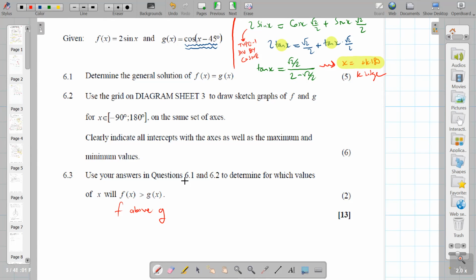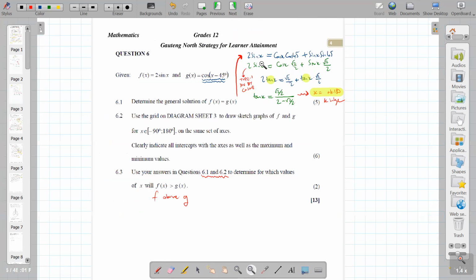That's why they ask you to use 6.1 and 6.2. Please check the memorandum as well for this graph. For drawing or answering 6.3, please go through the memorandum.